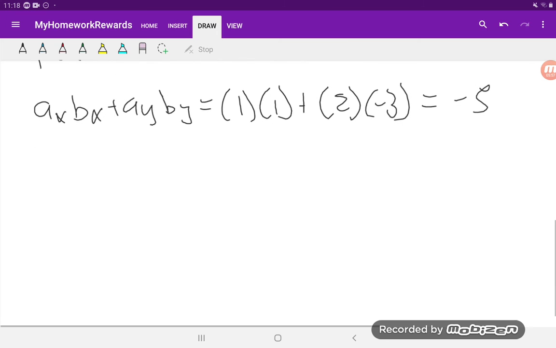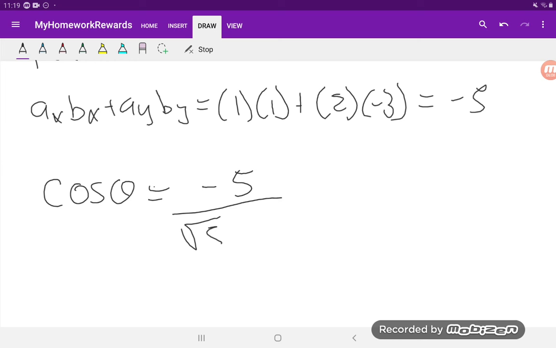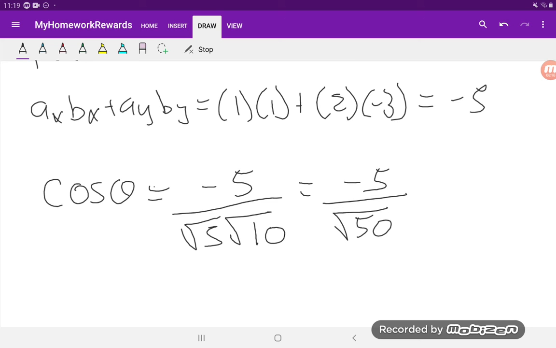So now we can put this all together and say that cos of theta is equal to negative 5 divided by the square root of 5 and the square root of 10. To simplify this, we have minus 5 and the square root of 50. When you have two square roots being multiplied, you can just multiply the numbers inside.